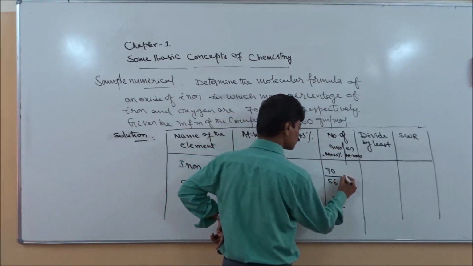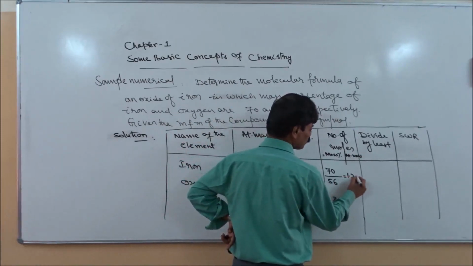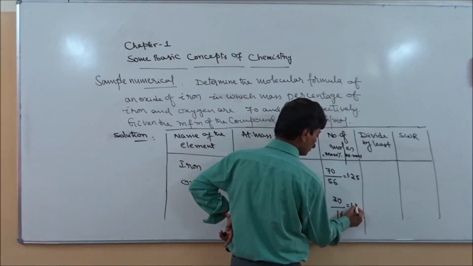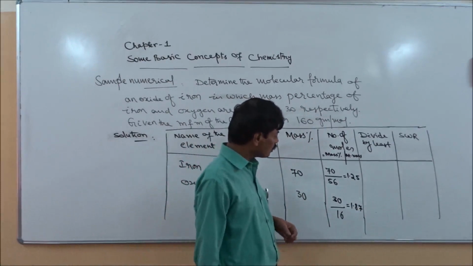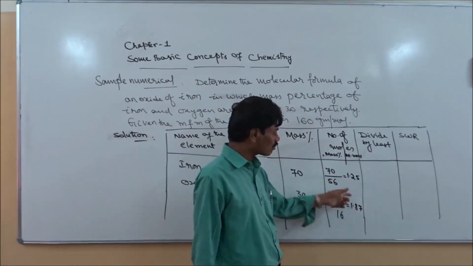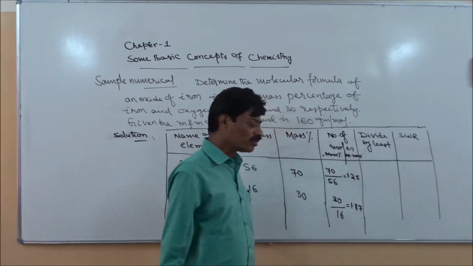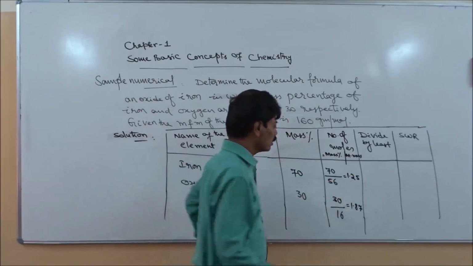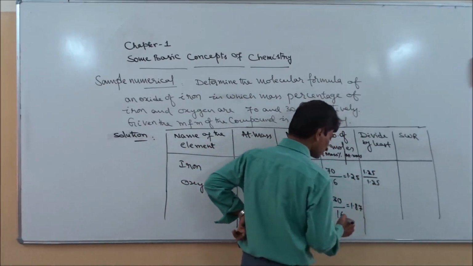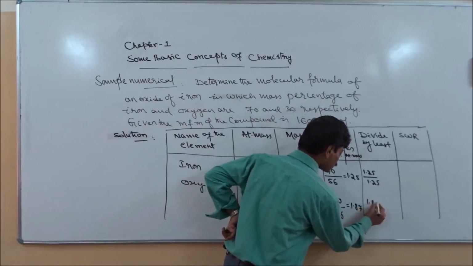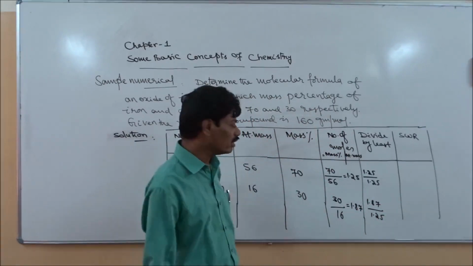And here we get, in the case of iron, 1.25, next 1.87. The next column is divided by least: out of these two numbers of moles of iron and oxygen, 1.25 is less than 1.87, so with 1.25 each is divided. 1.25 divided by 1.25, same way 1.87 divided by 1.25, whichever is less, with that each one is divided.